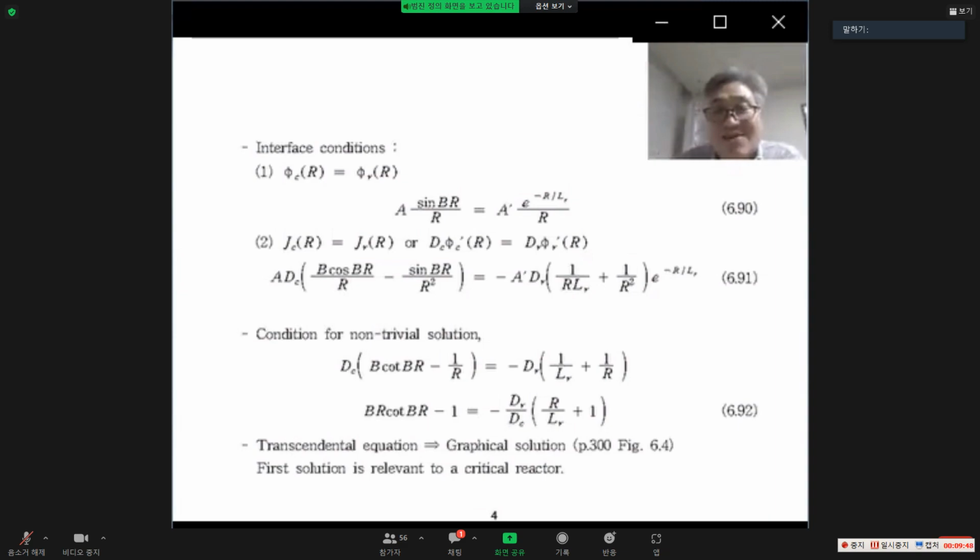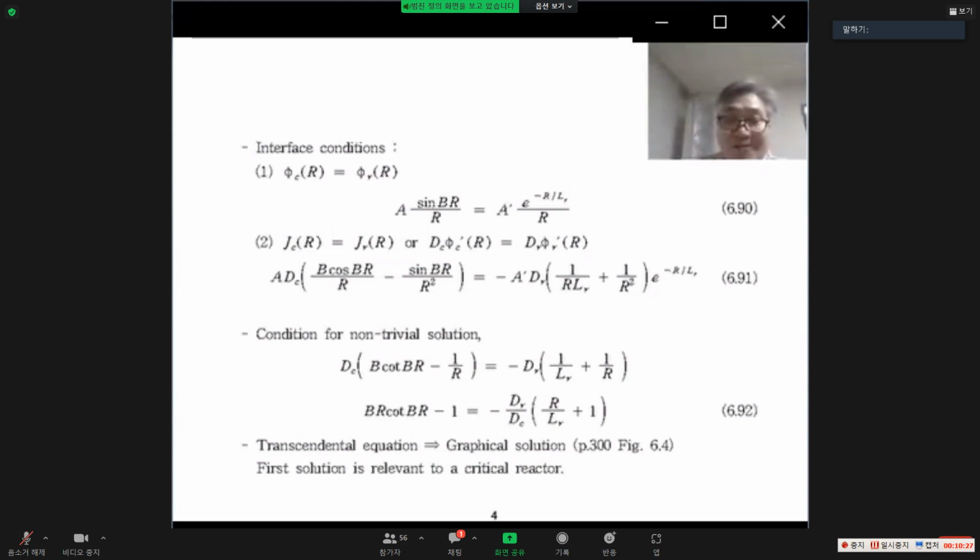Now, instead of solving for A and A prime, that is quite meaningless in some sense. Why? Because we cannot get the values of A and A prime from this equation. We get the value from power. So we had better not concentrate on A or A prime.